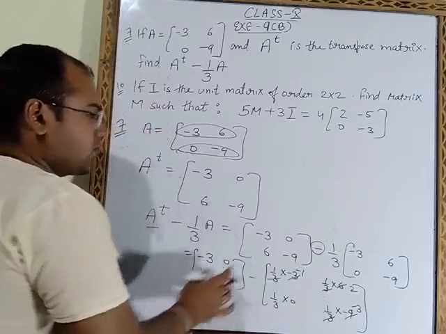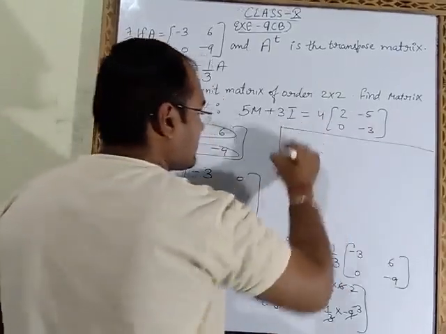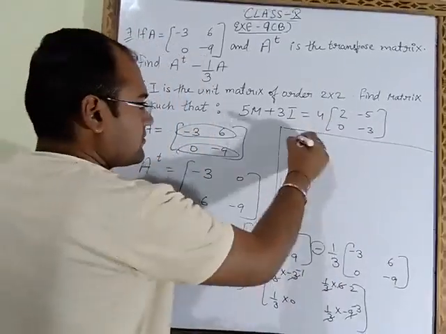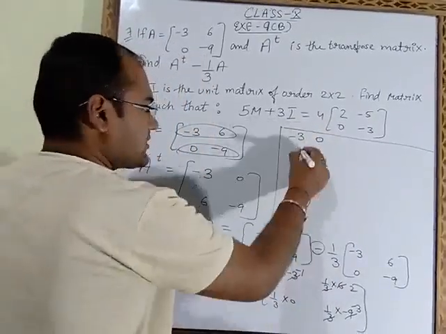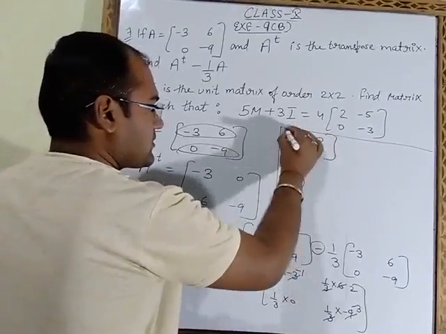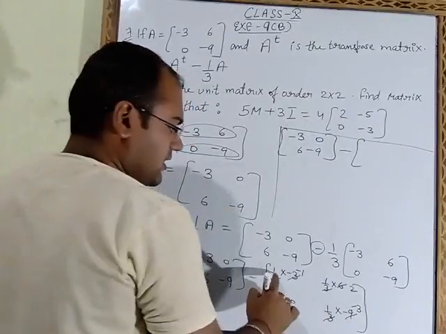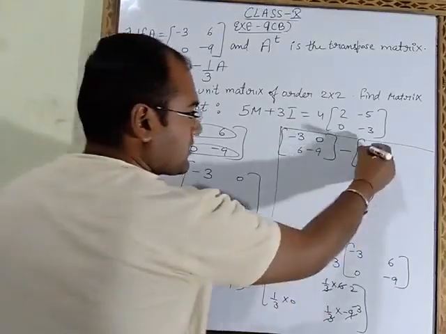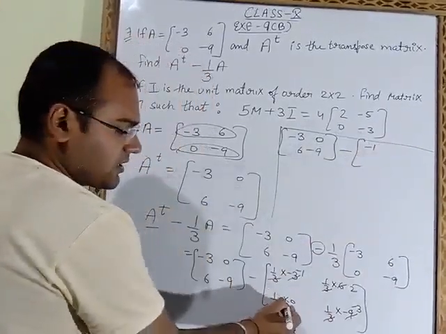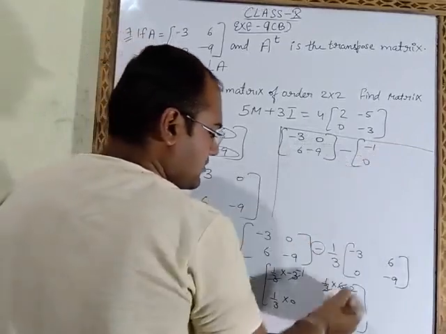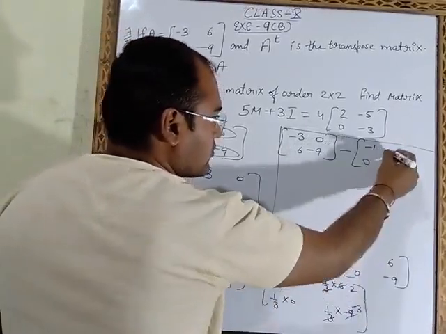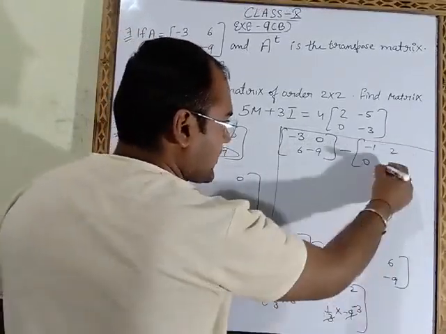Now what you have to do? Here answer will be 1 multiply minus 3, minus 1. This multiplied by 0, answer will be 0. Here answer is minus 2. Here answer is minus 3.